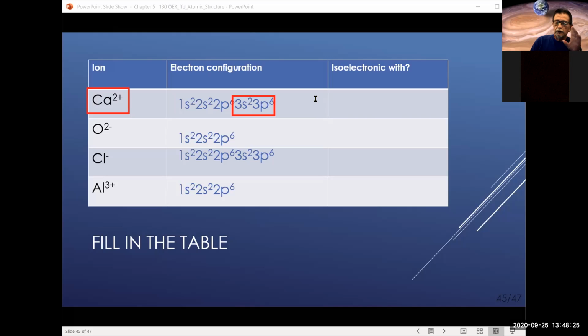Okay, but let me show you something else, and maybe this will help you. That's the electron configuration for the calcium ion. Now, let me see how I can do this.